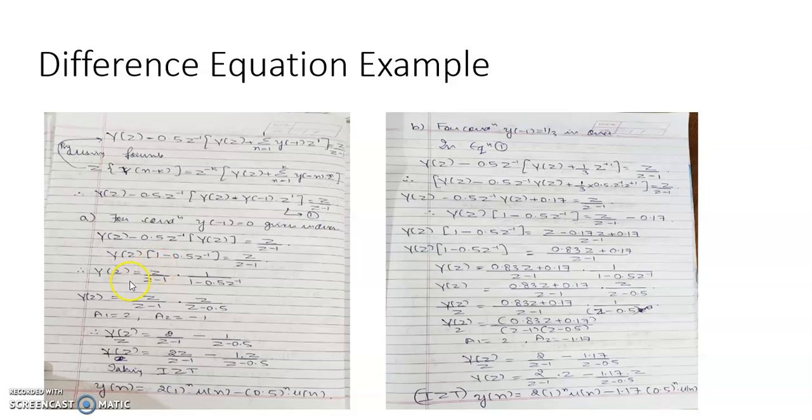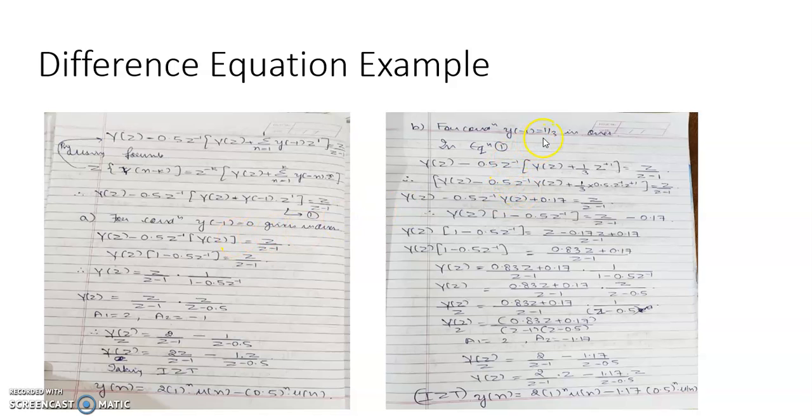Then take z upon z minus 1 to the denominator of the right hand side, take z over here, find the value using the partial fraction expansion method, obtain the final Y of z, taking again this z in the numerator on the right hand side, and finally calculate the inverse z transform. So this is the response when your input is a unit step and your initial condition is 0.